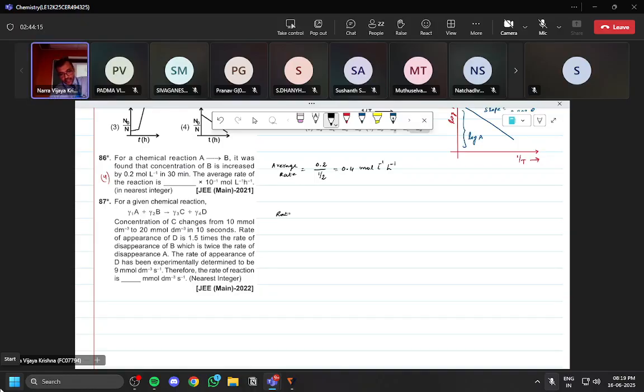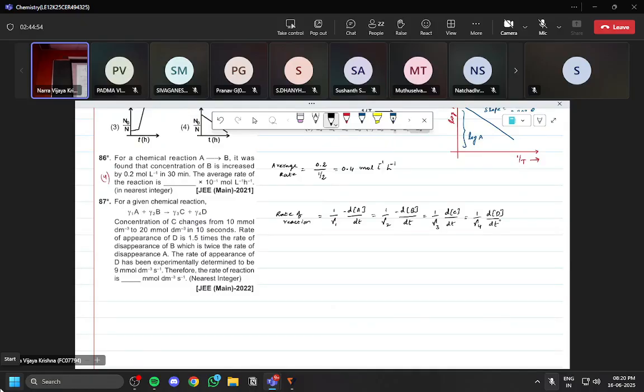Rate of reaction equals 1 upon gamma 1 into minus dA by dt, is equal to 1 upon gamma 2 into minus dB by dt. Correct? Is equal to 1 upon gamma 3 into dC by dt, is equal to 1 upon gamma 4 into dD by dt. This is the rate of reaction.